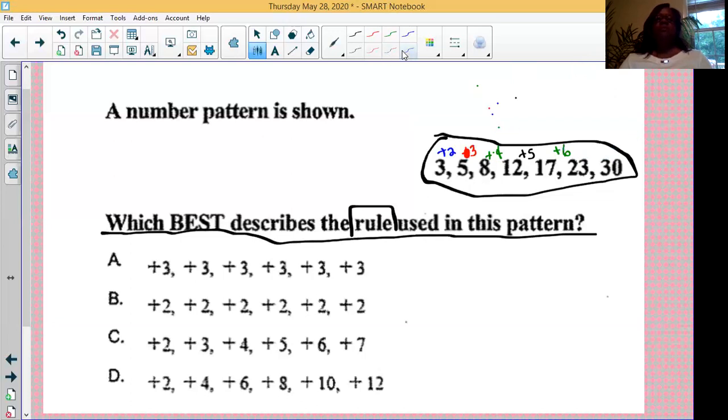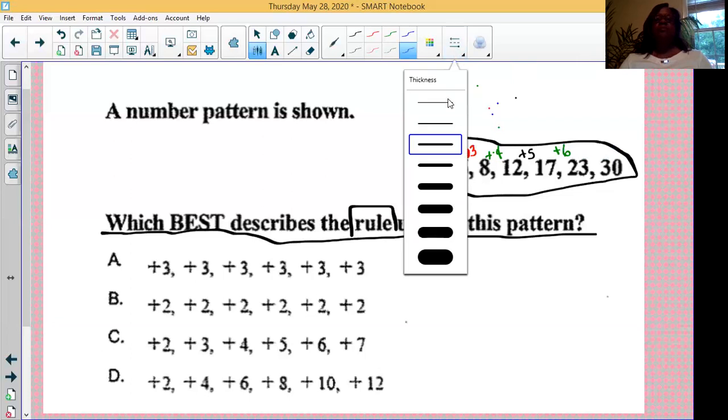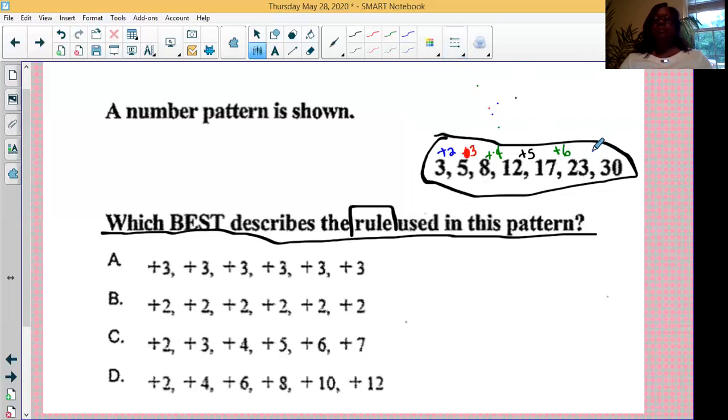Okay. So then this would be a +7. All right. So now this would be your pattern: +2, +3, +4, +5, +6, +7.